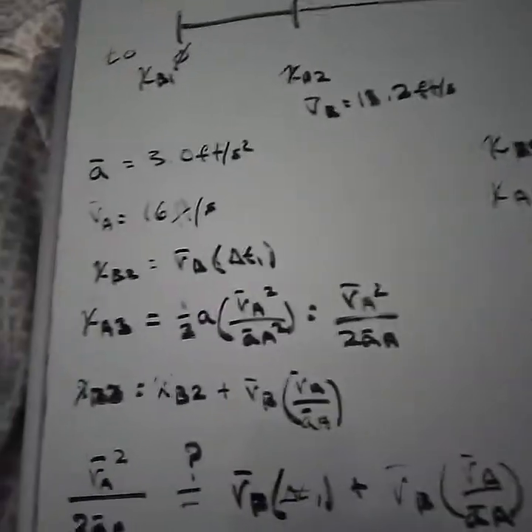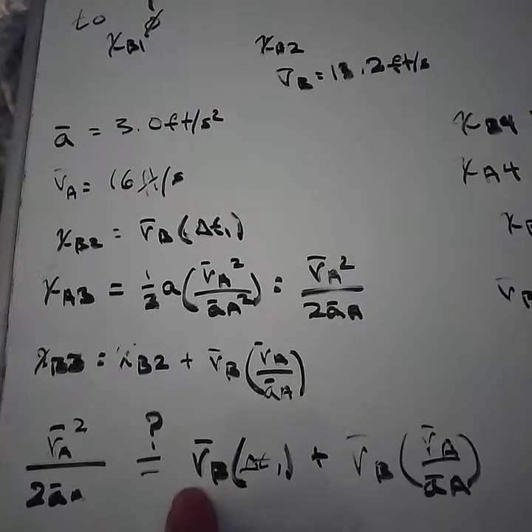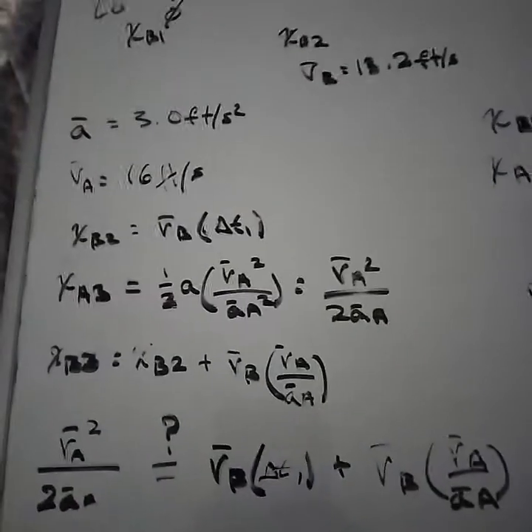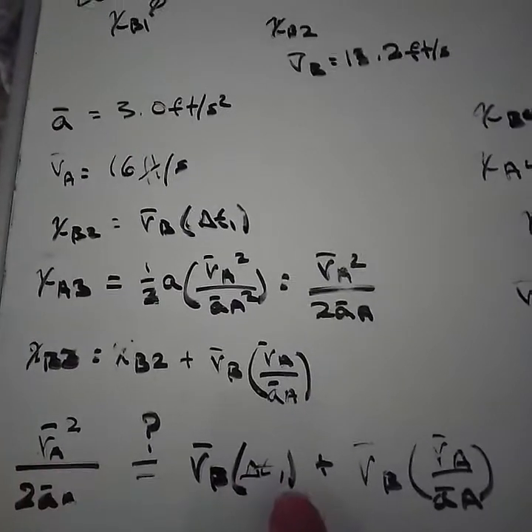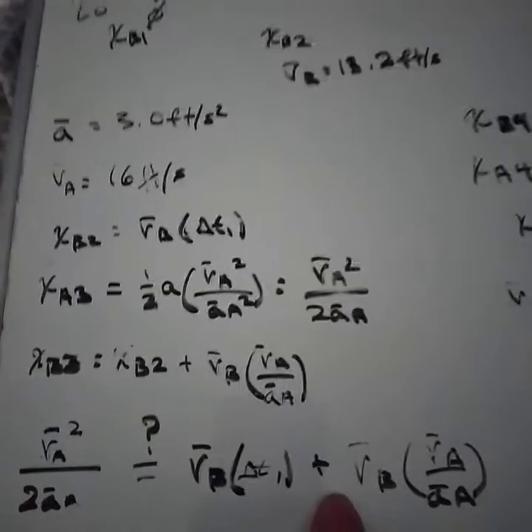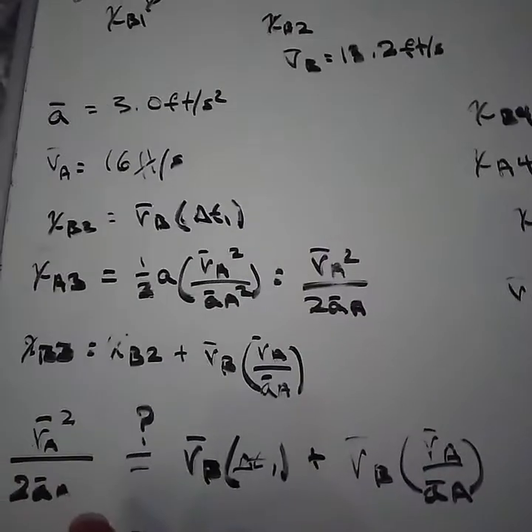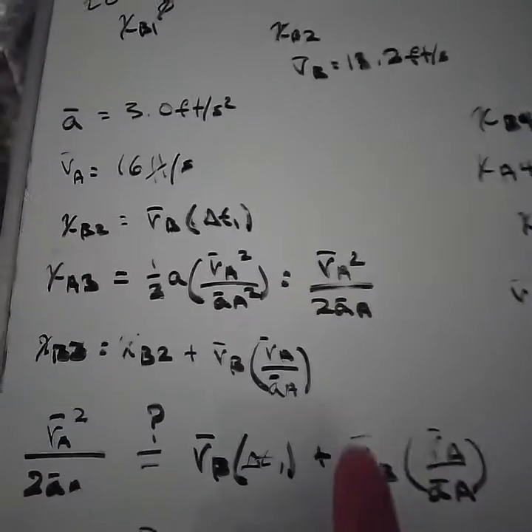So what we're going to do is find out what these values are. We want to find out what position you have after you accelerate and what position runner B has after runner A accelerates, okay?